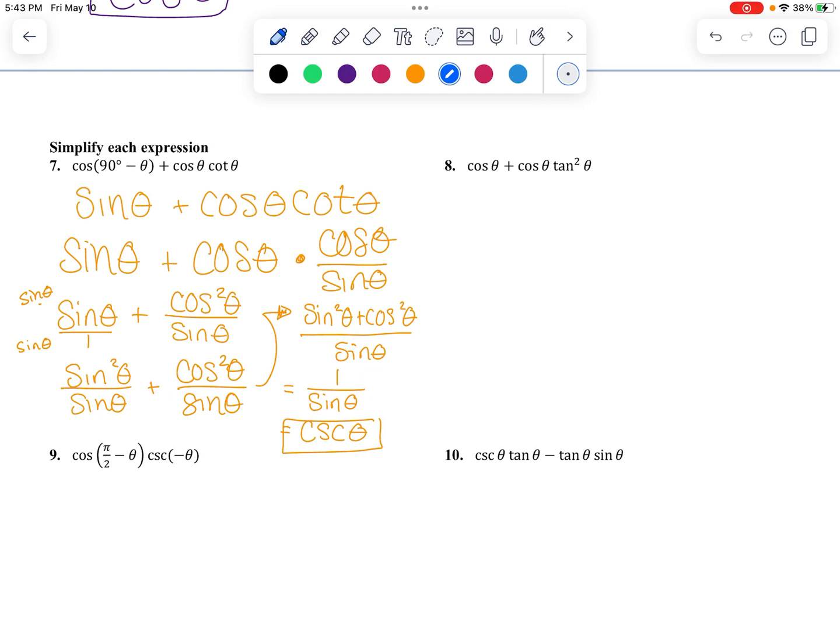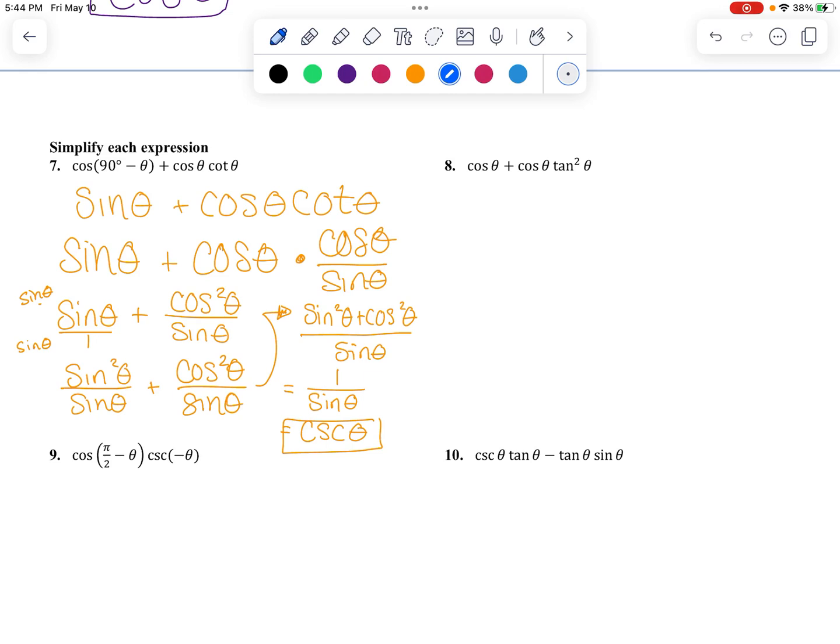Okay. Problem 8, cosine theta plus cosine theta tangent squared theta. My angles are all theta. Sweet. I do have squared trig, but it's being multiplied by things. So that causes the Pythagorean identities to not necessarily work so well because I need adding and subtracting to either other squareds or to ones.